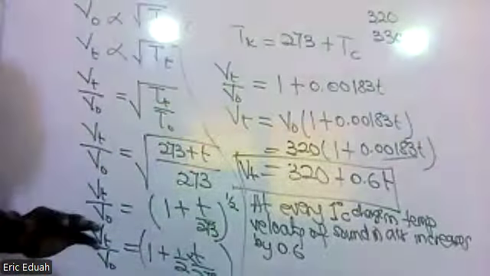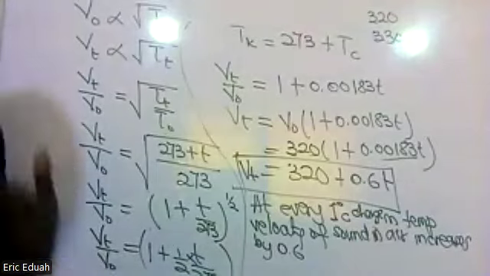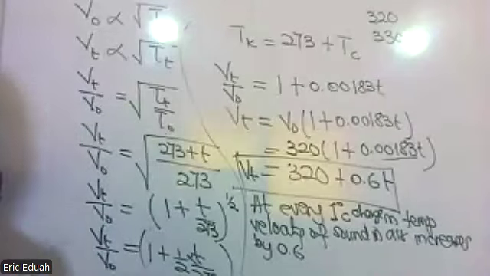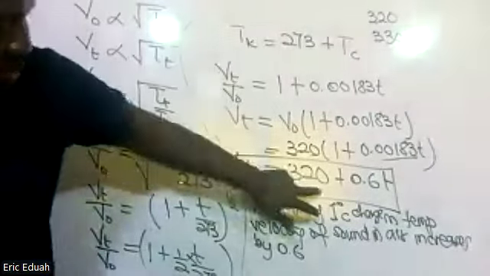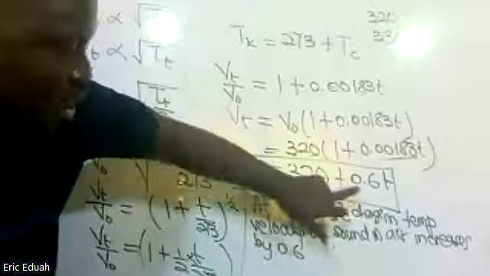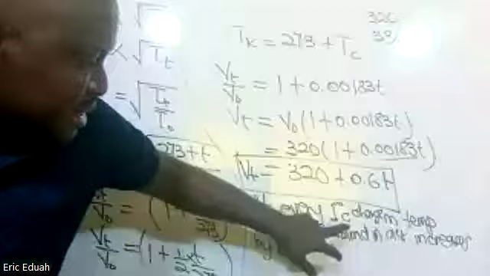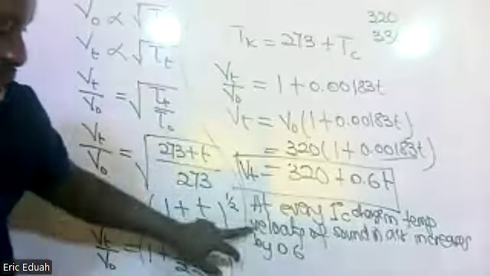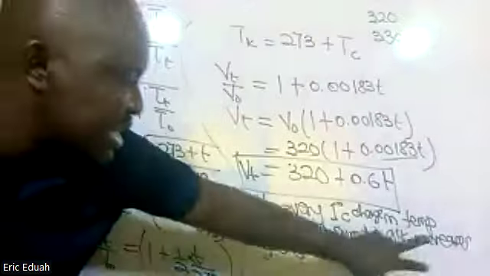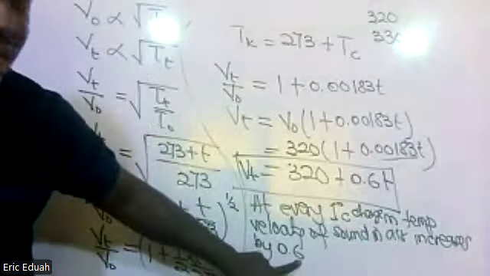So whenever there is any 1 degree change, this factor, being 320 or 330, would also change. So at every 1 degree Celsius change in temperature, velocity of sound in air increases by this amount.